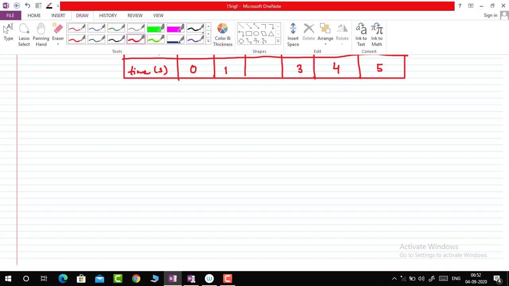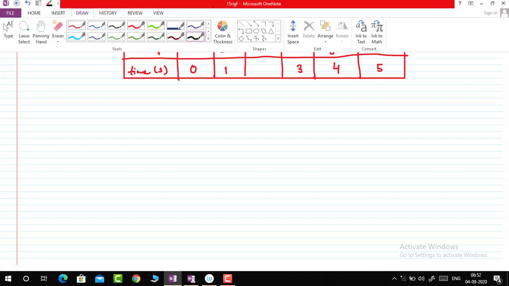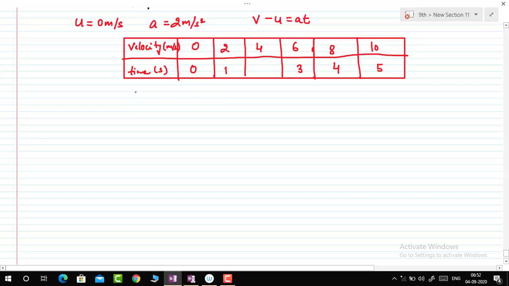So to plot the graph, this is okay. Now this is representing time and this is representing velocity. So velocity is represented in meter per second and time is represented in second. Now we will plot. This is 0, this is 1, this is 2, this is 3, this is 4, and this is 5.